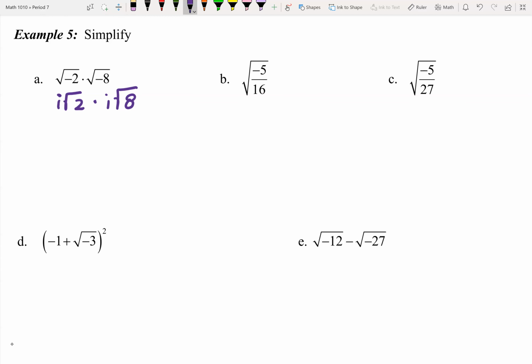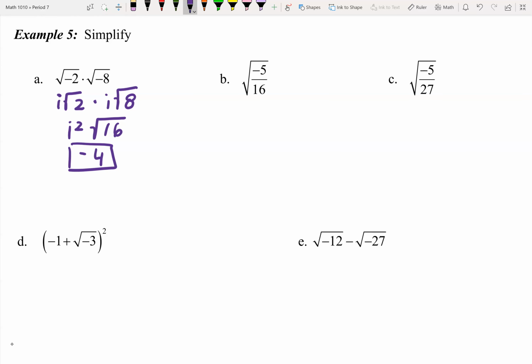But I'm not going to do that because I noticed something. Look, i times i is i squared. 8 times 2 is 16. What did I notice? The square root of 16 is a clean number, right? What is that? It's a 4. And that's multiplied by i squared. i squared is a negative 1. So that is a negative 4. And I'm done.